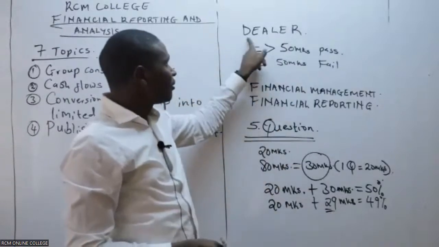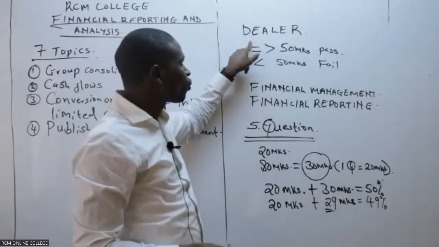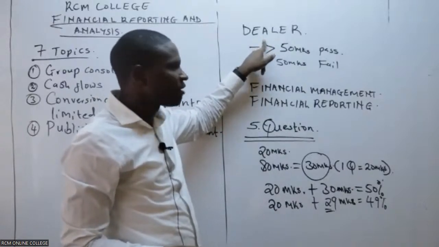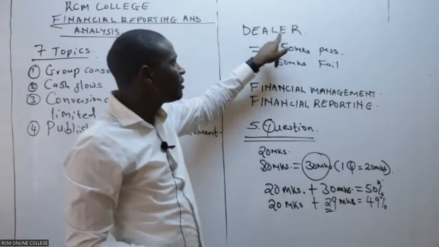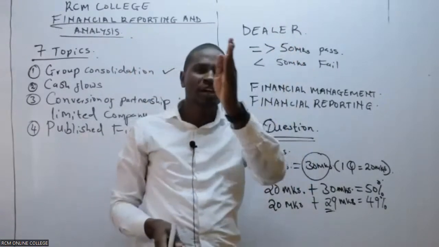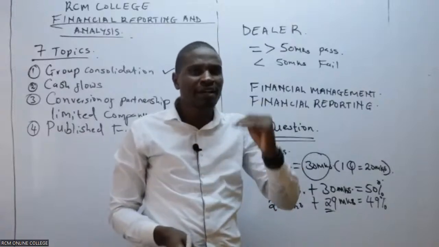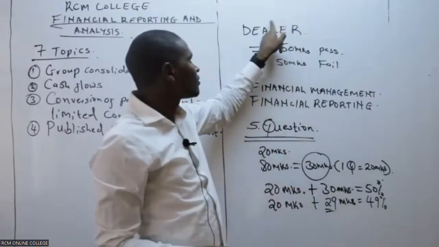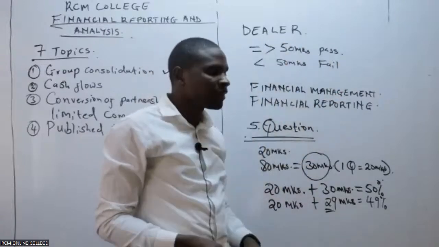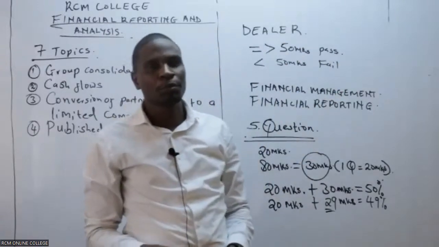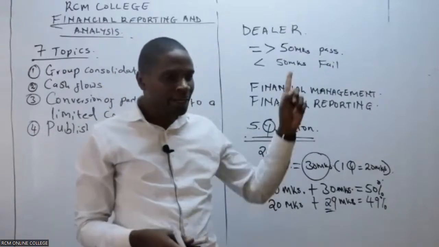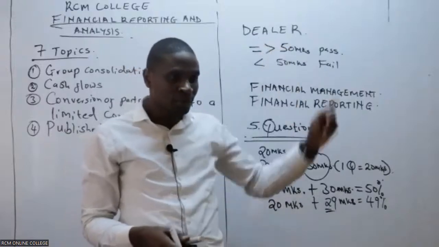Drawings, expenses, and assets have a debit balance. Then liabilities, equity, and revenue or sales have a credit balance. So anything on the credit side of the trial balance falls under this, and anything on the debit side falls under there. That will guide you on how to prepare published financial statements. So it is always good to carry something like this in the exam.